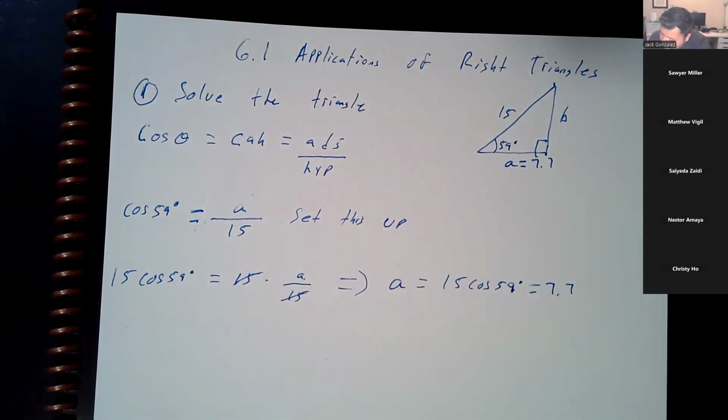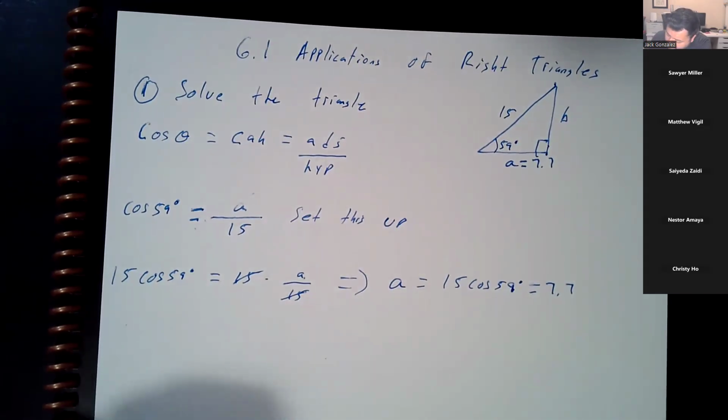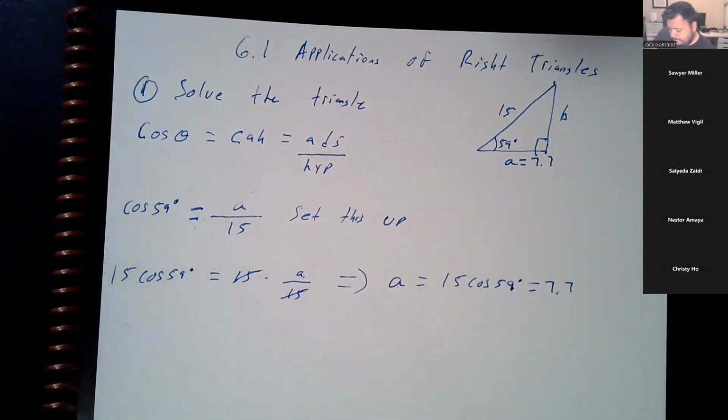So if that's cool and you do remember, how would you solve for b then? What trig function would y'all use? What if we do a squared plus b squared equals 15 squared? Yeah, since it's a right triangle, you could use your Pythagorean theorem to find it. That's totally fine.